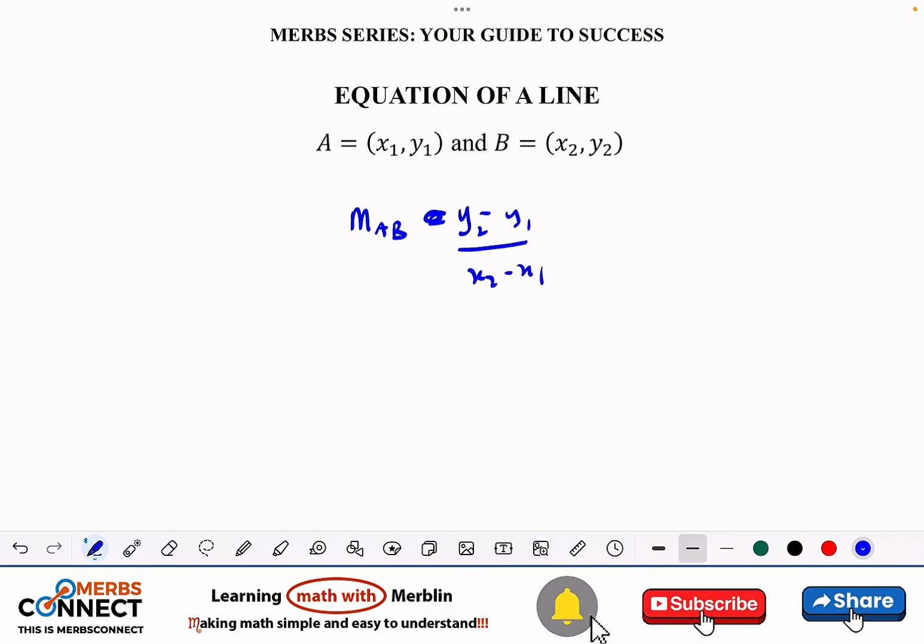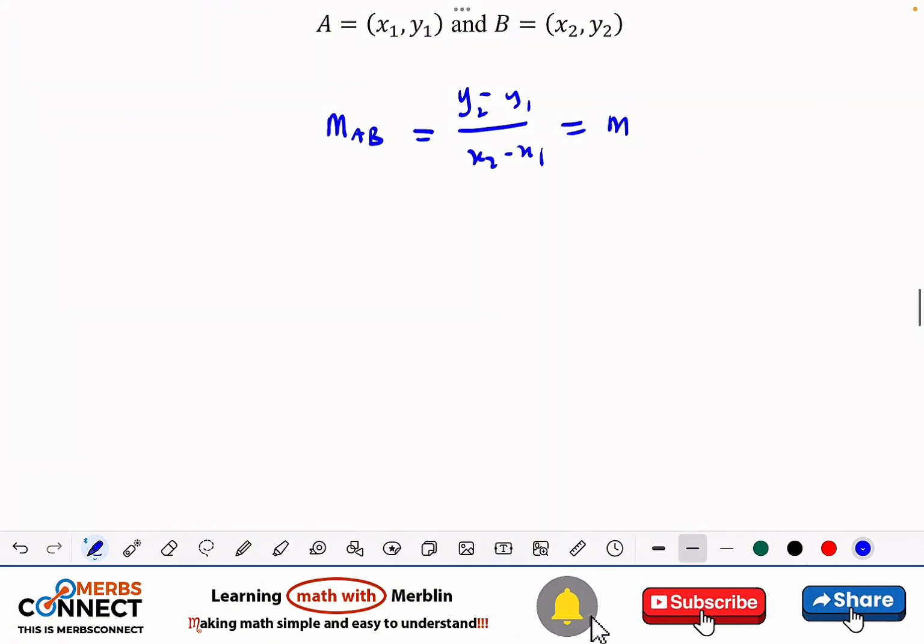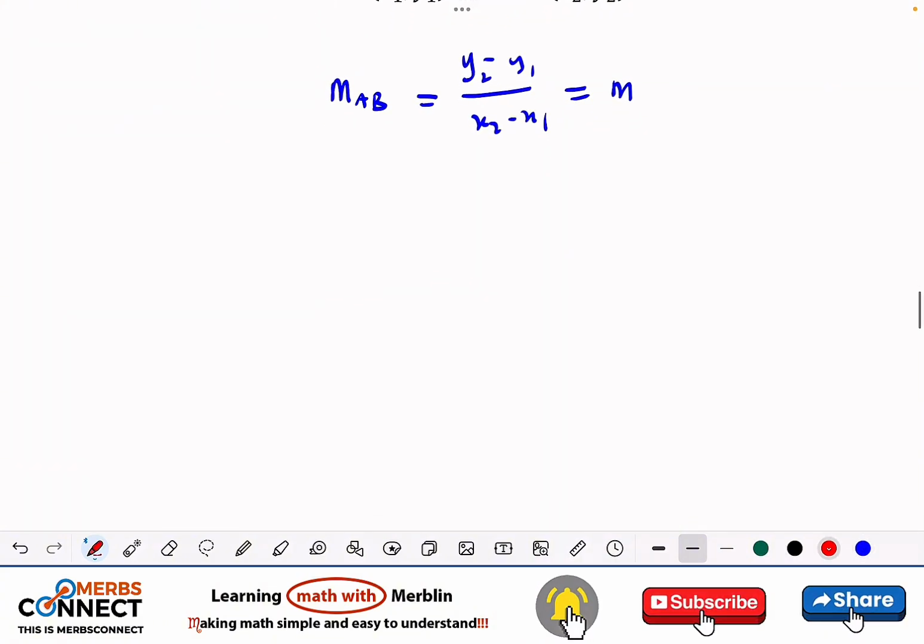Now let's assume that the slope is general, so let me say this is equal to m as my slope. Then the equation of the line is very simple. The equation of the line is y minus y1 equals m times x minus x1.